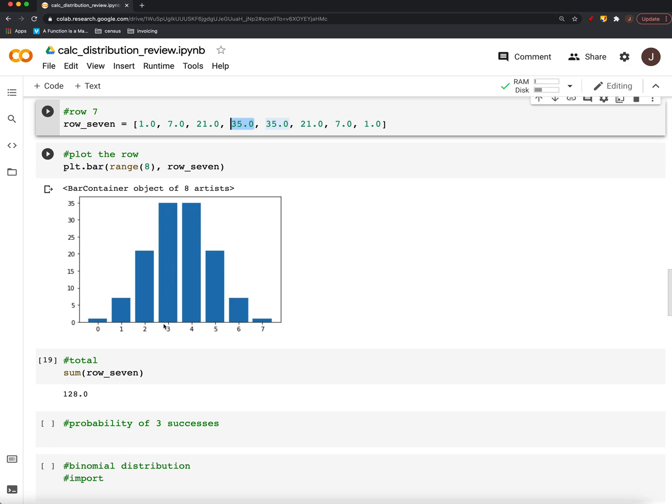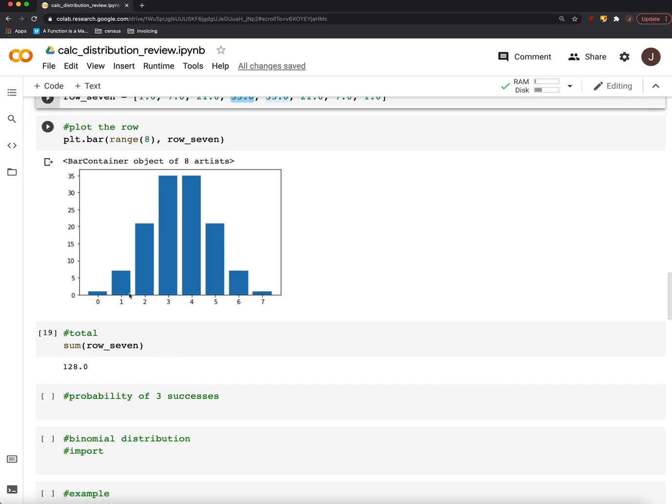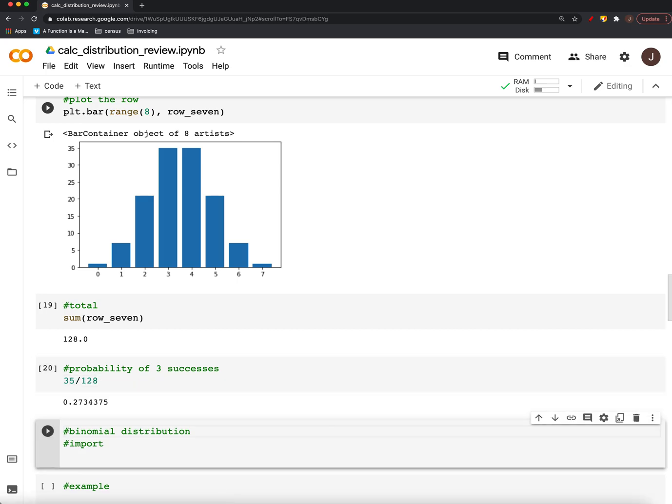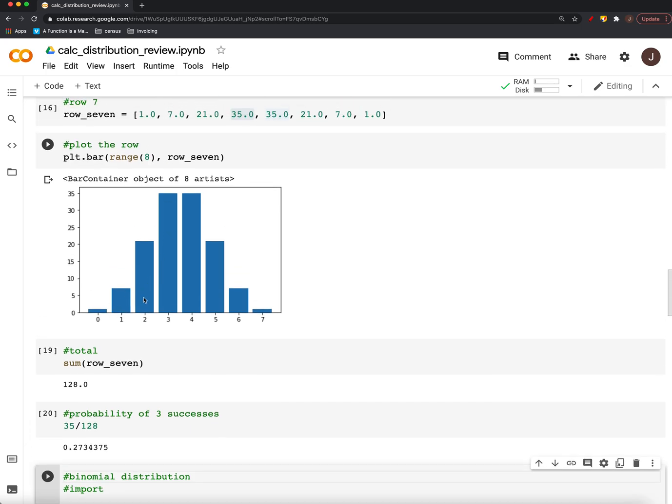If we think about each of these as one unit, it's a rectangle that's 1 by 35, out of all of these rectangles, which add up to 128. So we could understand the probability of getting 3 heads as 35 out of 128. And that's how we're going to start to use these distributions.